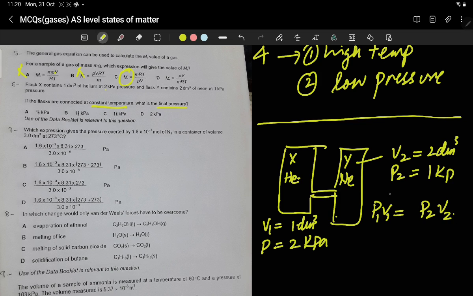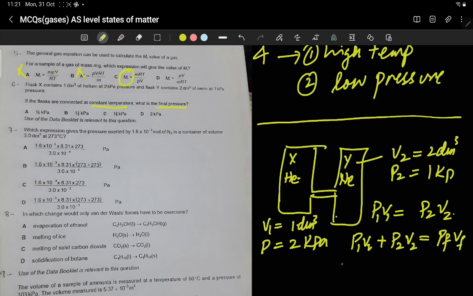We know that when these two flasks are connected, the sum of both pressure and volume terms, P1V1 plus P2V2, is equal to P final and V final. So the expression is just like this.